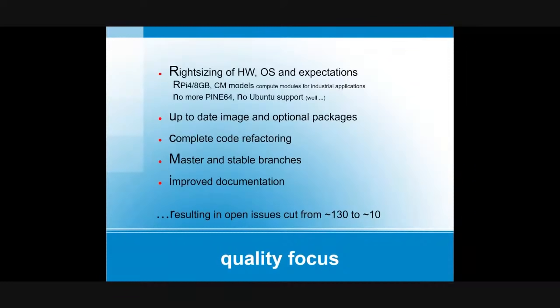And we stripped down a little bit on the broadness of support. So there are no more non-Pi ARM machines. And Ubuntu, well, it's a Debian, but officially it's not supported.